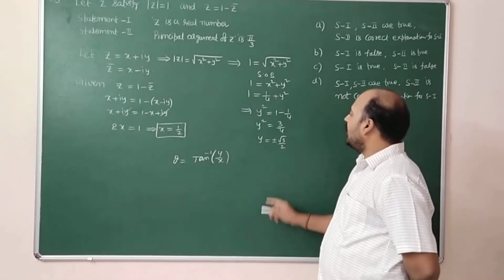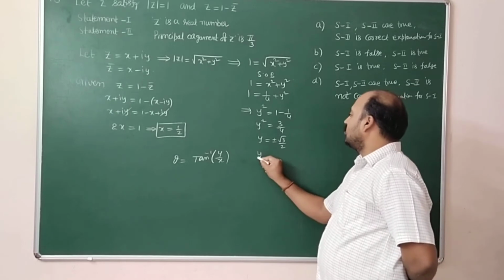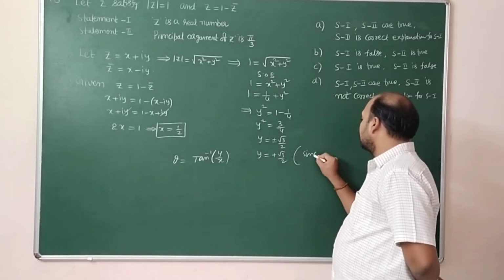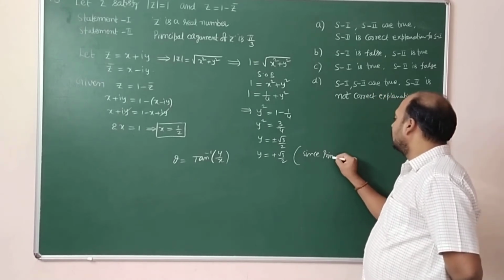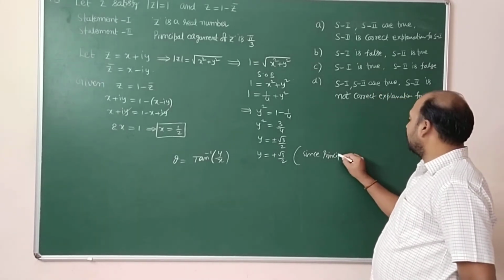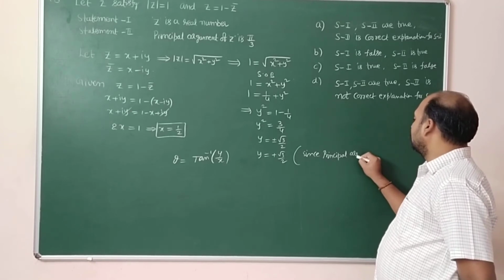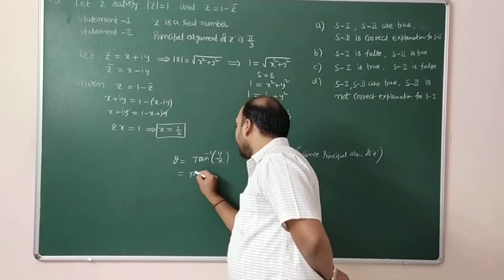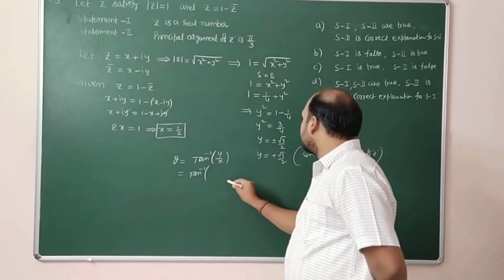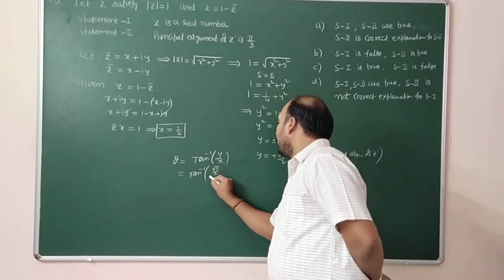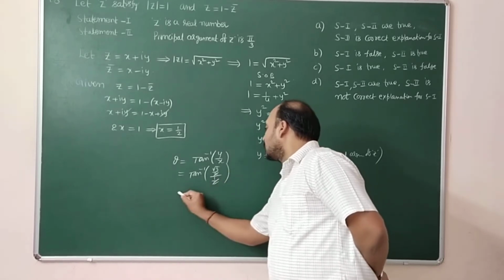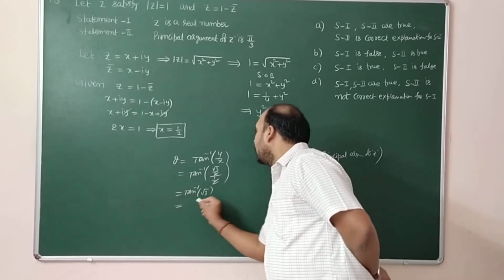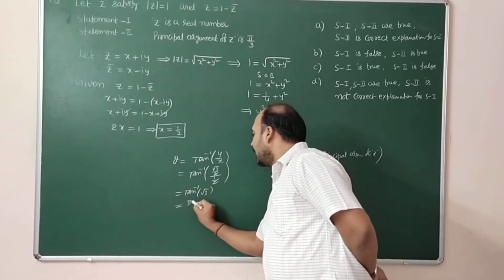Here you take the y value and x value: take y is equal to only plus root 3 by 2, since it is the principal argument of z. So tan inverse of y value root 3 by 2 divided by 1 by 2. So 2 gets cancelled, tan inverse of root 3. Tan inverse of root 3 is pi by 3, 60 degrees.